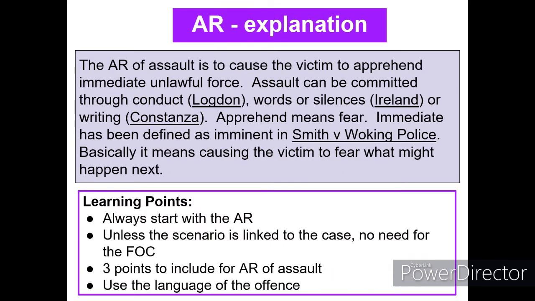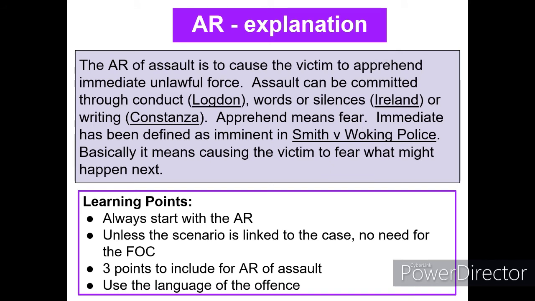Points here. First of all, always start with the actus reus and not the mens rea. And for the cases, you generally don't need to explain the facts of the case at all. Just putting them in brackets after the point of law will do.